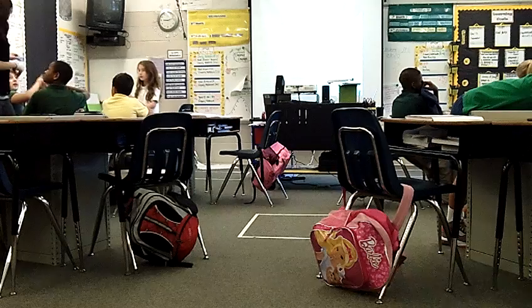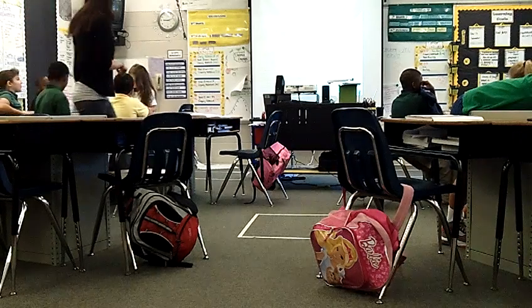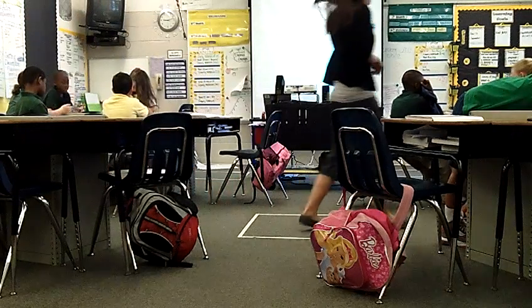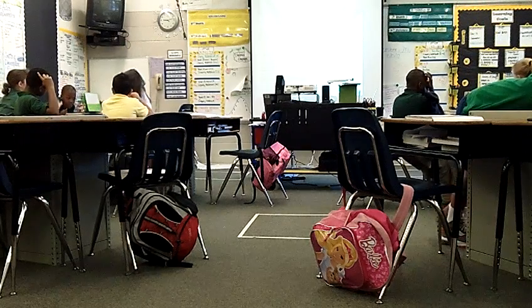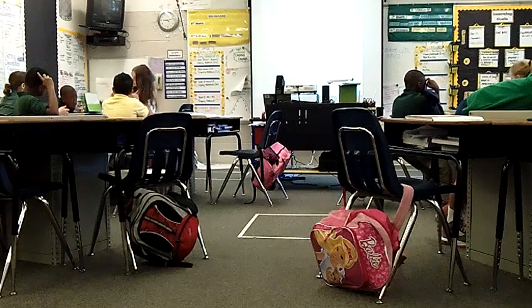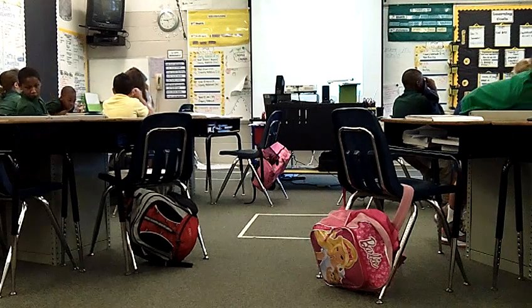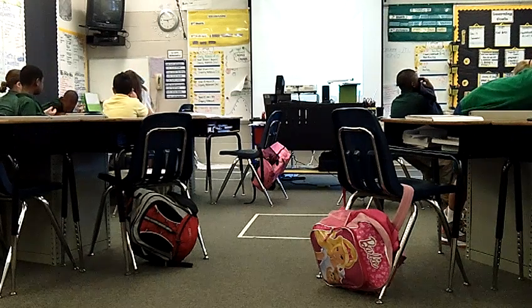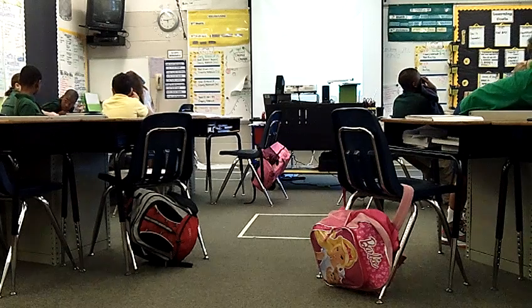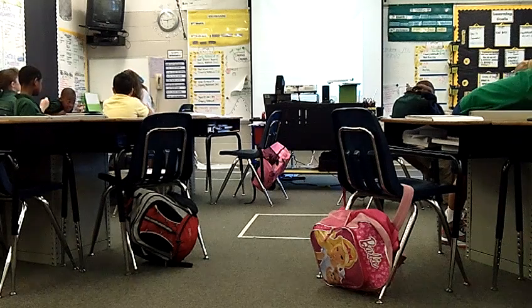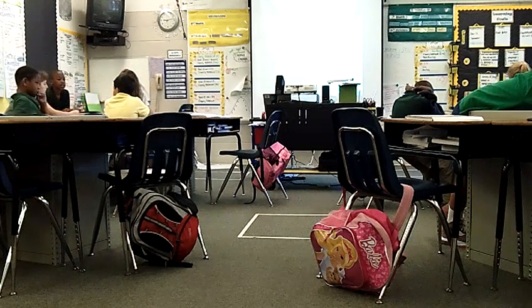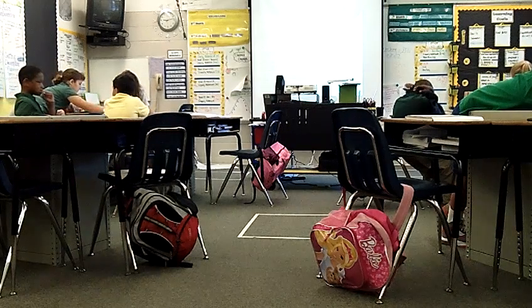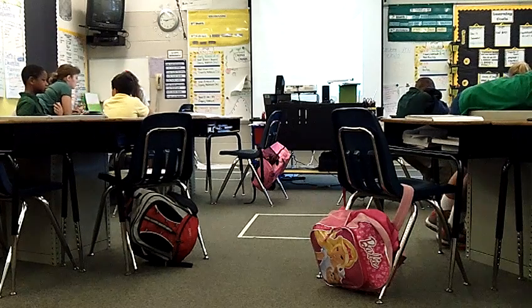Oh, 5 jumps? Why do you say 5 jumps? What are we skip counting by, guys? Why do we think it's 5? When we're skip counting, let's think about this wording. 5 groups of 3.